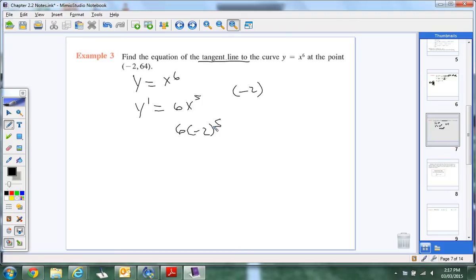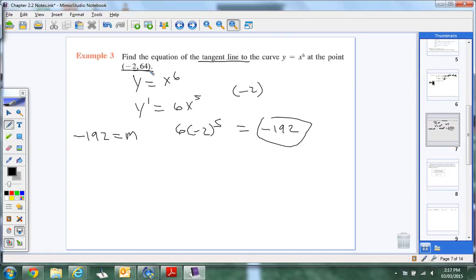That's going to give you, when I calculated that, -192. So what is -192? Because we're finding the equation, it's the slope. Good, so -192 is my m. So what I need to solve, remember, is that we need to use both of these points now.